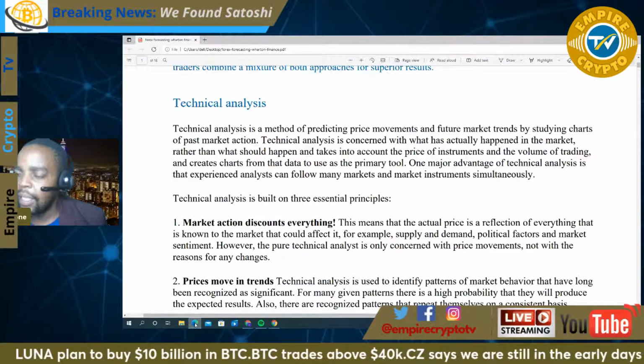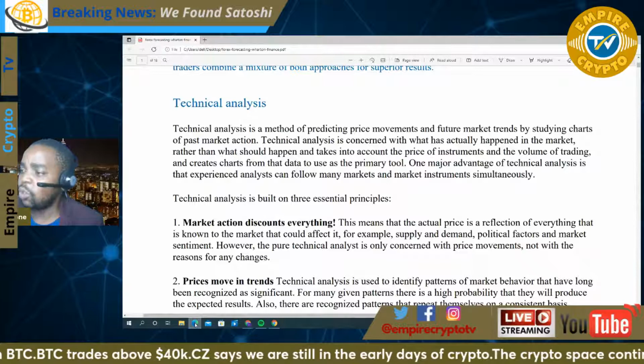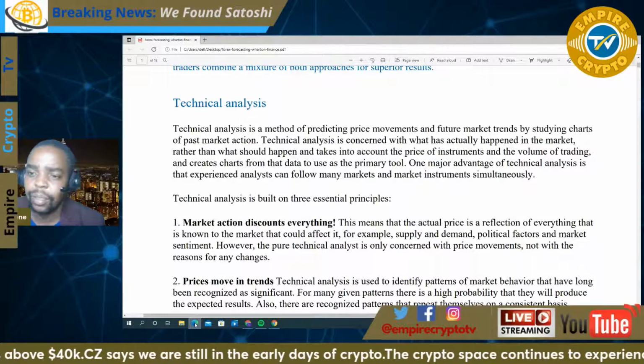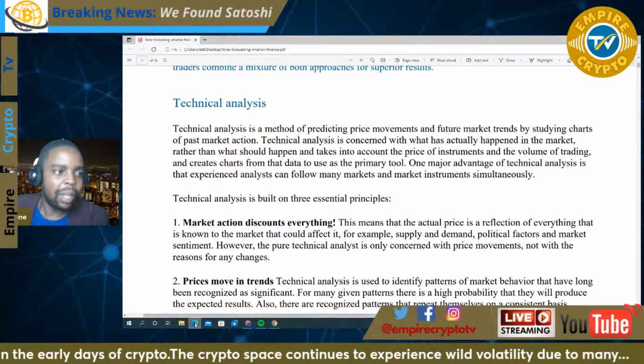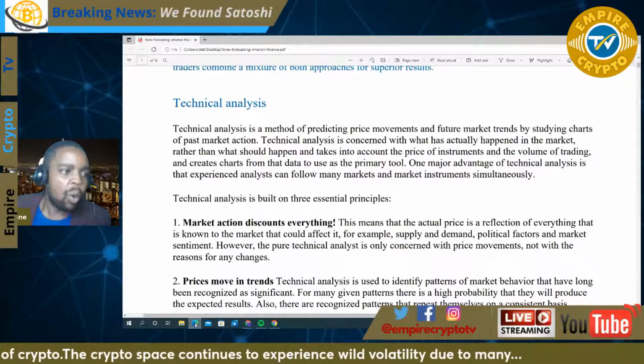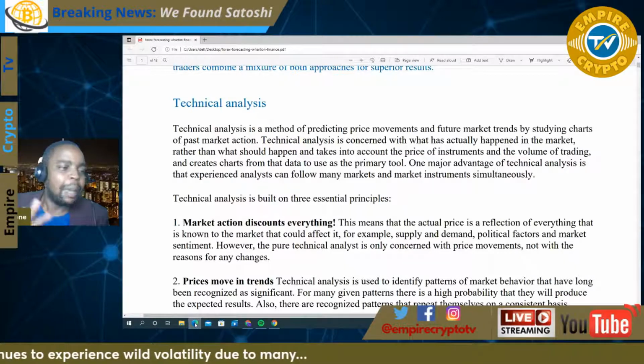Technical analysis is concerned with what has actually happened in the market, not what's happening out there, or what the president is saying, or what Elon Musk said, or what has happened in the war in Ukraine.